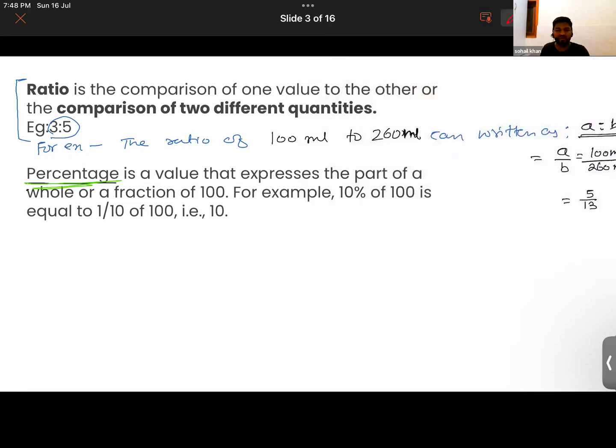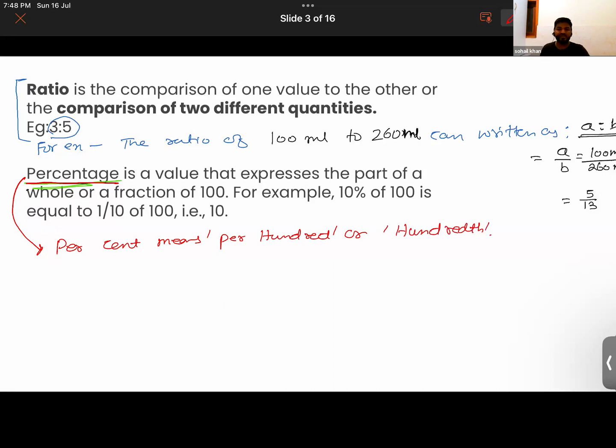One is per hundred. Percent means per hundred or hundreds.